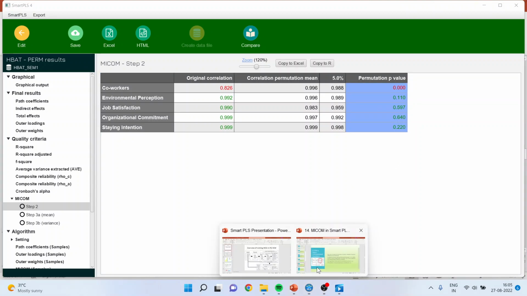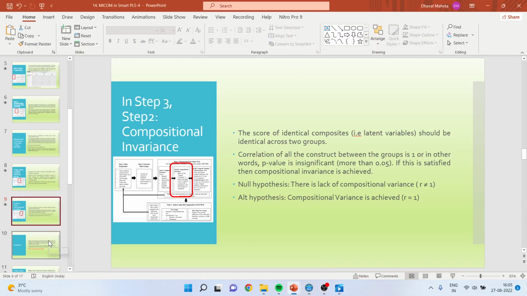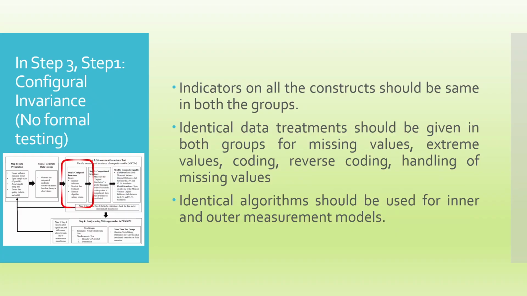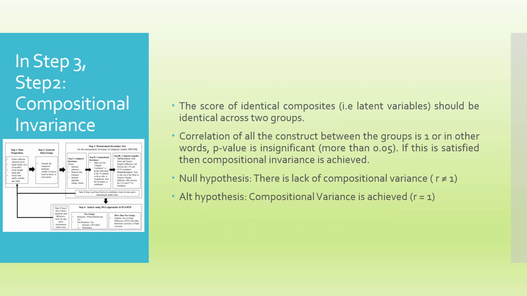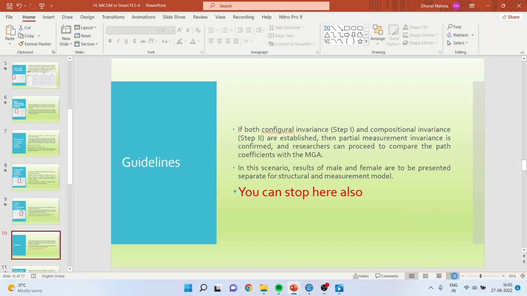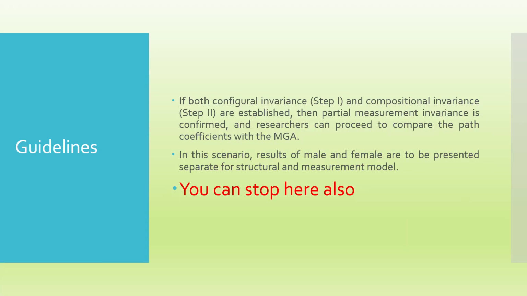Now let's see what's the next step. If both configural invariance and compositional invariance are established, then partial measurement invariance is confirmed and the researcher can proceed to compare the path coefficients with the multi-group analysis.